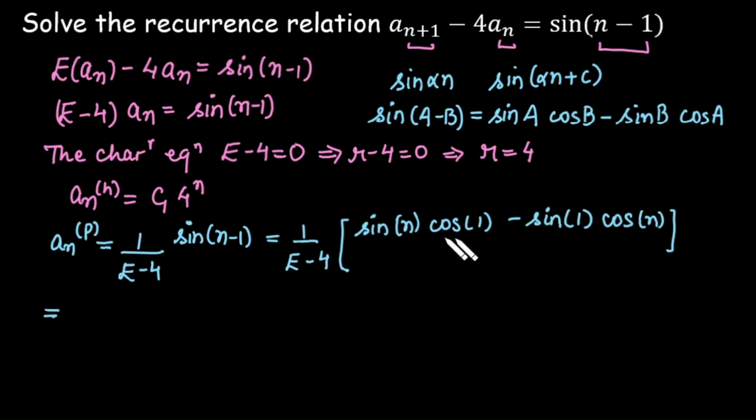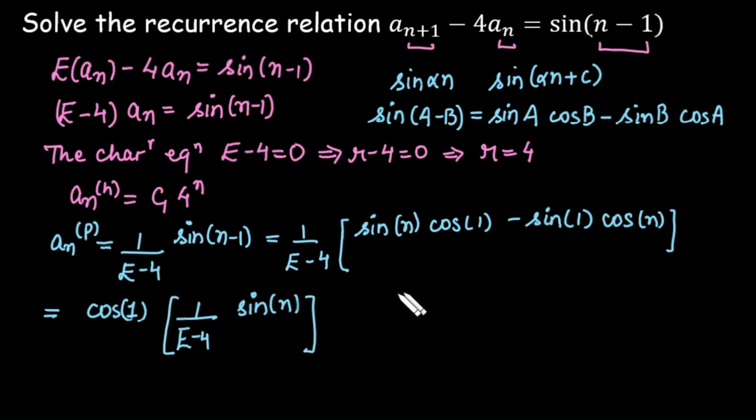We can write cos 1 is a constant, take it as outside. Take 1 by E minus 4 with sine n minus sine 1 is constant as it is. Take this operator over the cos of n.